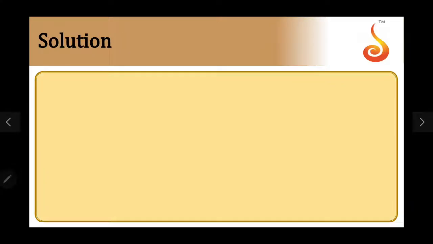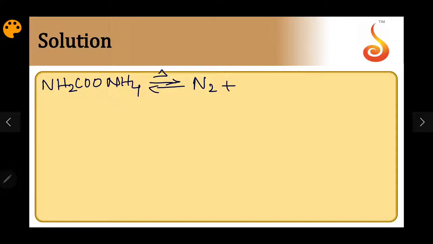We write the equation. NH2COONH4, on thermal decomposition, gives N2 plus 3H2 plus carbon monoxide plus half O2. These are the four products.